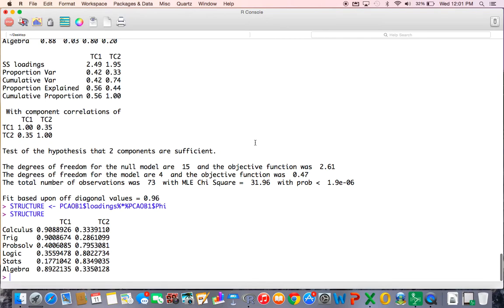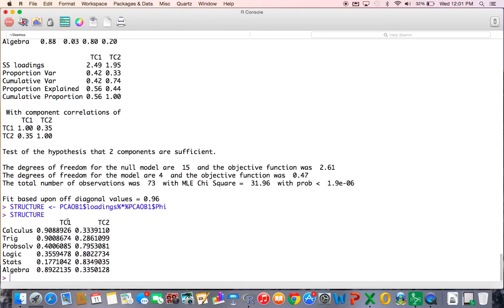It looks like to me, let's see, 0.89. So the structure matrix has, let's look at things bigger than, so 0.90, 0.90, 0.89.